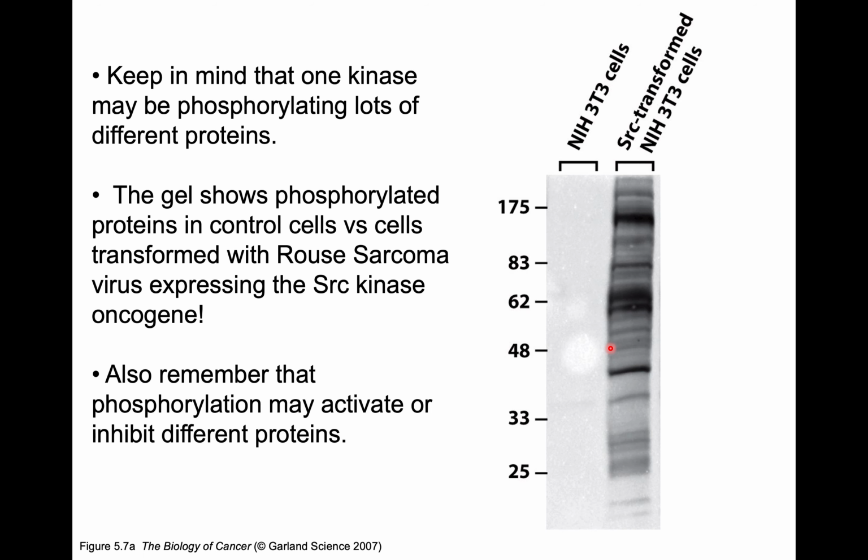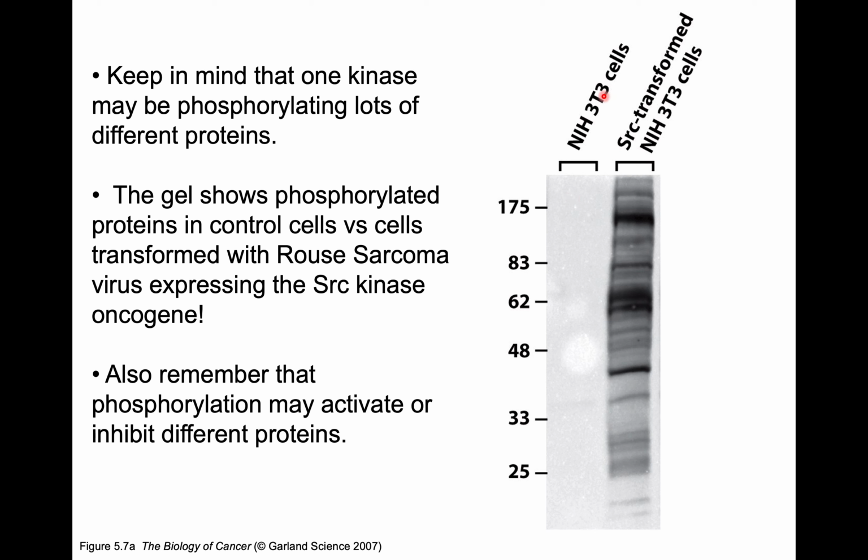So, for example, in this particular experiment, you're looking at a protein gel, and each band here would be an individual protein. You can separate proteins on a gel just like you would DNA molecules. They're using a technique here that allows them to visualize phosphorylated proteins. So if you see the protein on the gel, that means it's phosphorylated.